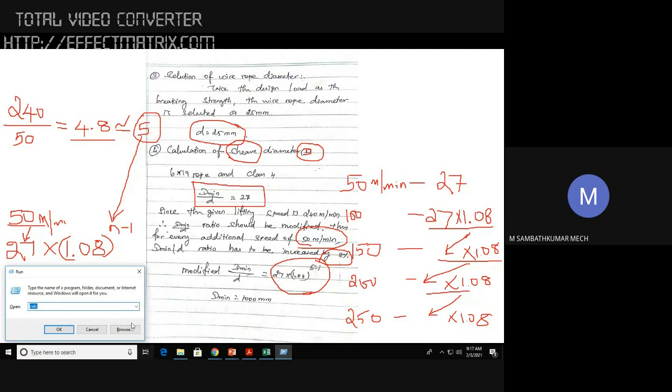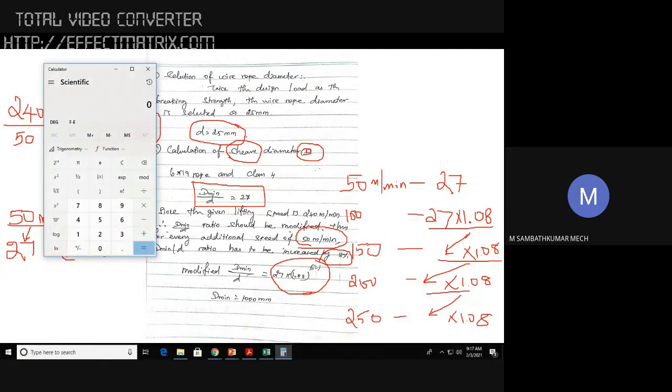So you will get the same value only. 1.08 power 5 minus 1, that is 4, into 27. That is 36.73.